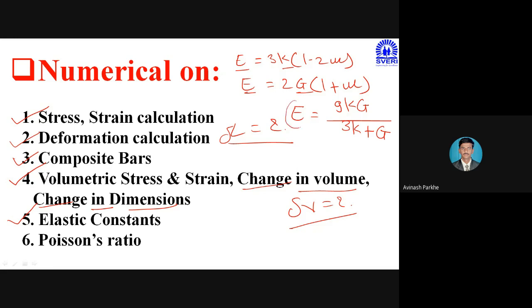That means E is present, G is present, and K is present. All three elastic constants are in the same formula. So the third formula represents the relation between all three elastic constants, that is E, G and K.